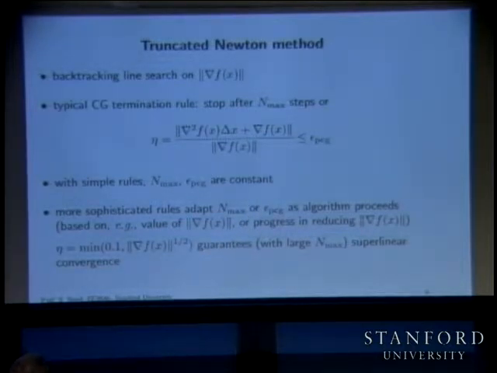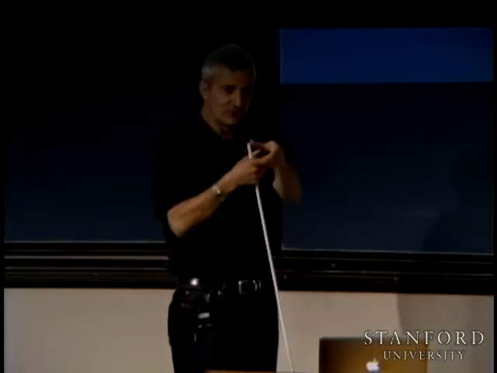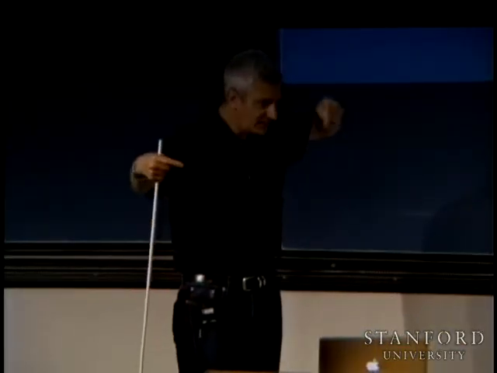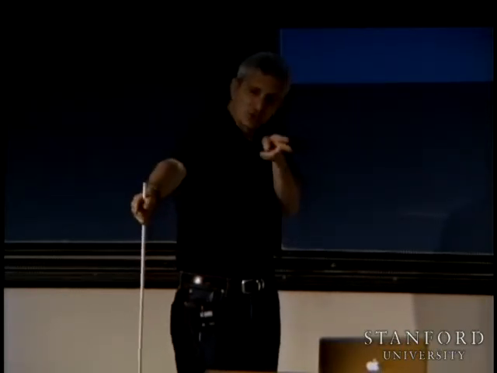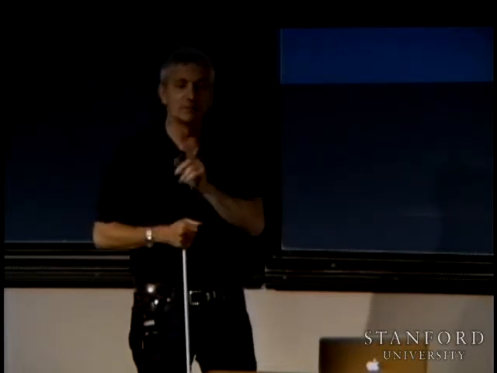So a more sophisticated method would adapt the maximum number, or this tolerance, as the algorithm proceeds, and the argument would go something like this. Early on, you don't need to solve it exactly. The whole point of Newton is that it changes coordinates correctly in the end game, so that if you're stuck in some sort of little canyon, instead of bouncing across canyon walls as you would in the gradient method, you're skewed towards a direct shot at the minimum.